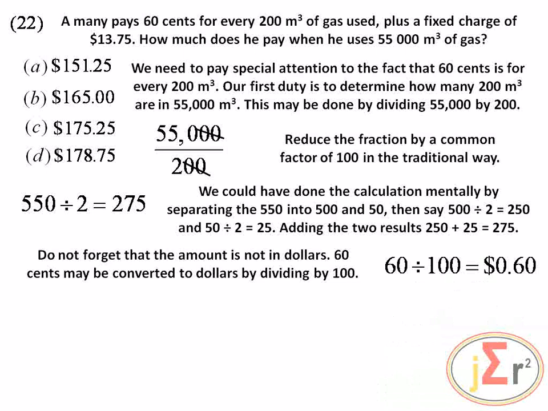So 60 divided by 100 is equal to $0.60. Converting to dollars so that our calculation can be smooth and crisp.